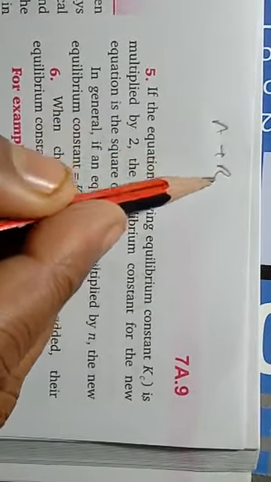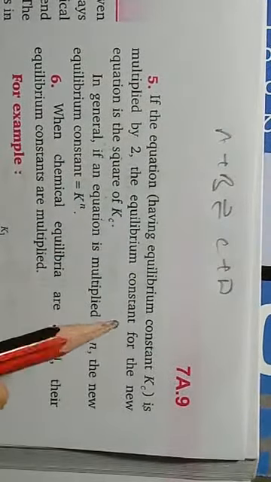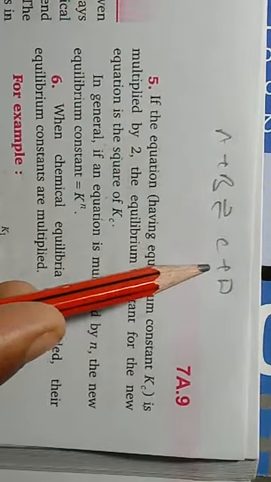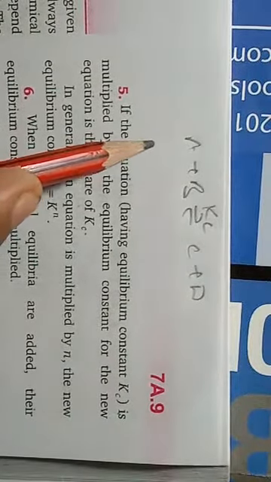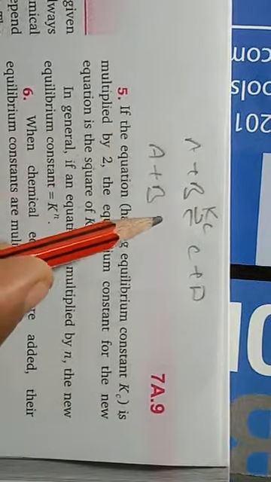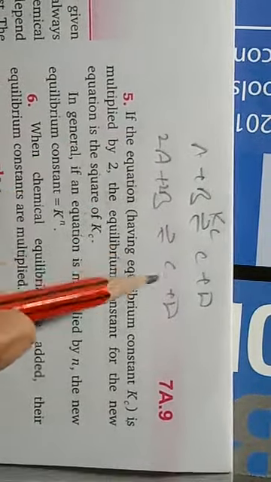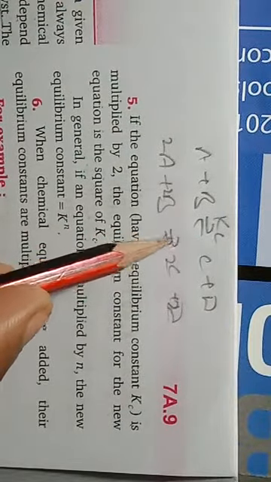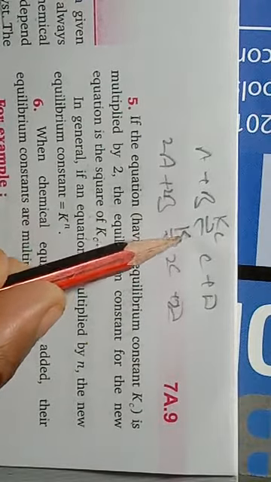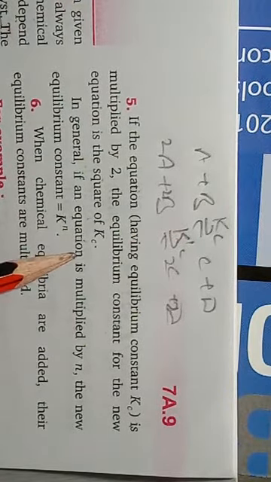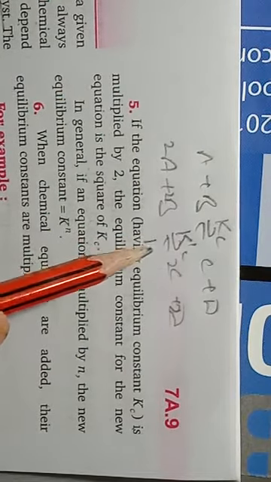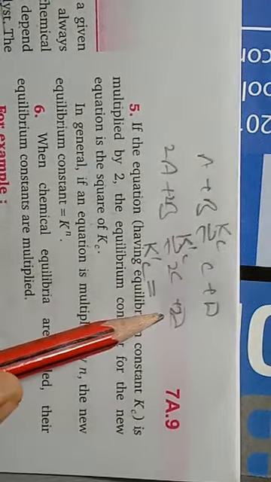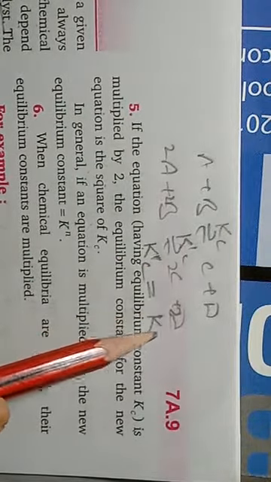So for any reaction, suppose A plus B forms C plus D, and let the equilibrium constant for this reaction be Kc. We form a new reaction in which we multiply all the reactants and products by 2, and let the equilibrium constant for this reaction be K dash C. Then K dash C will be equal to Kc square.